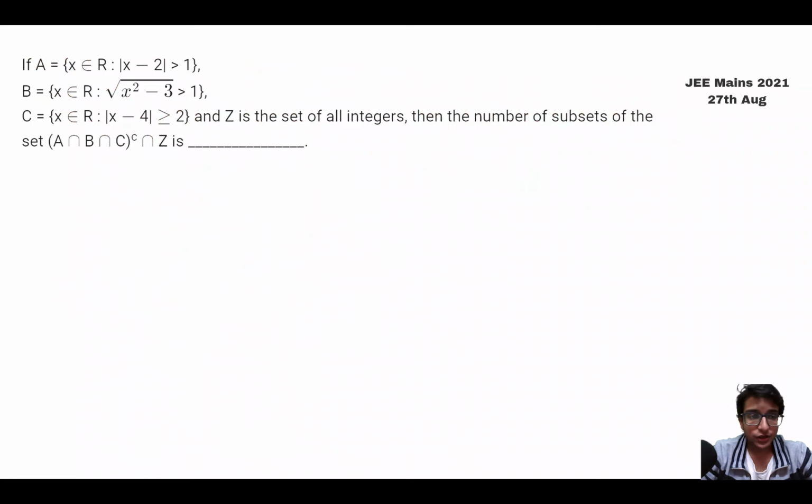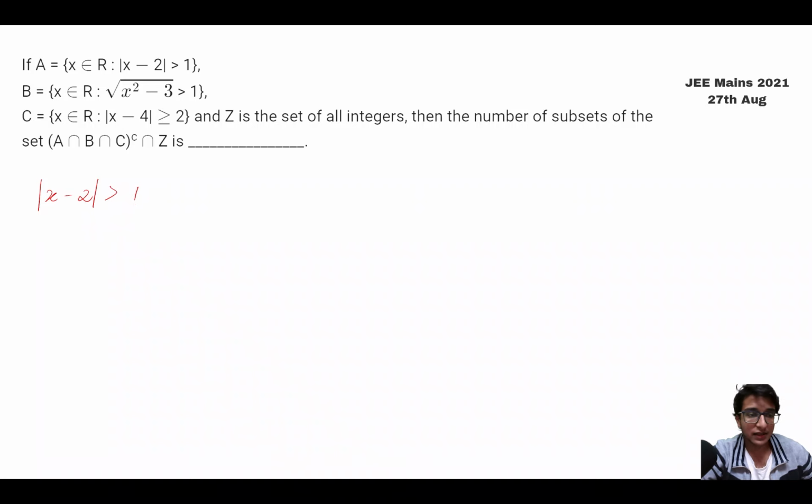Now let's look at this question. They have given us a set A. So let us find out the range of values of x that are possible in A set. So I have modulus x minus 2 greater than 1. And solving inequalities of modulus you have already studied in 11th and 12th.